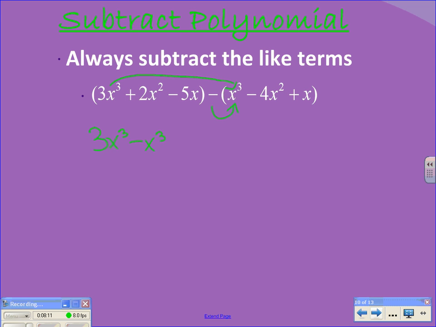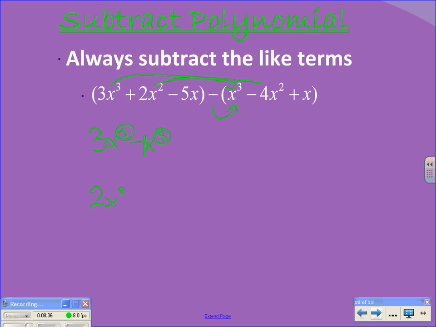Like I said, you don't just add or subtract the variables, leave them the same. So people might get confused by minus x. Well, the x is equal to 1x, so minus 1x.